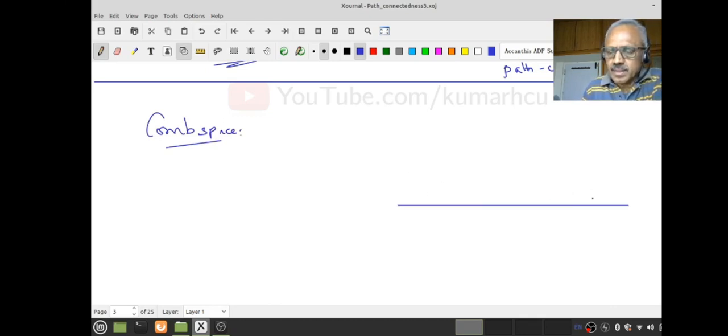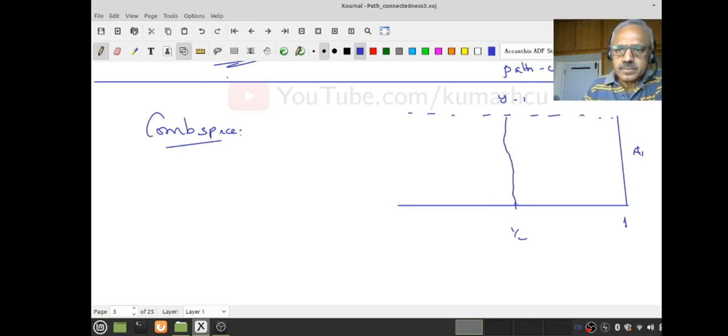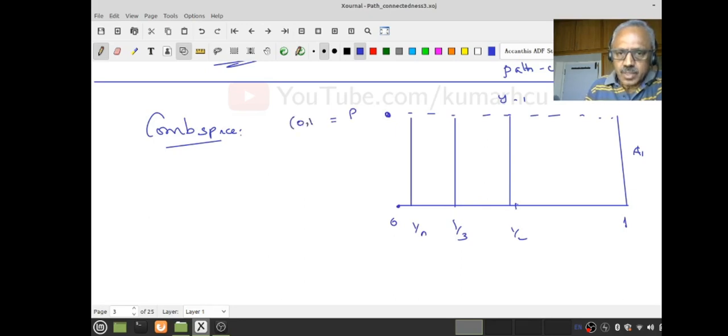This is my R^2, and at each 1/n, this is 1, I define A_1, this is the line y equal to 1, and this is 1/2, I have this line again, and this is 1/3, and this is 1/n, and this is 0, and this is the point P, and P is the point (0, 1).